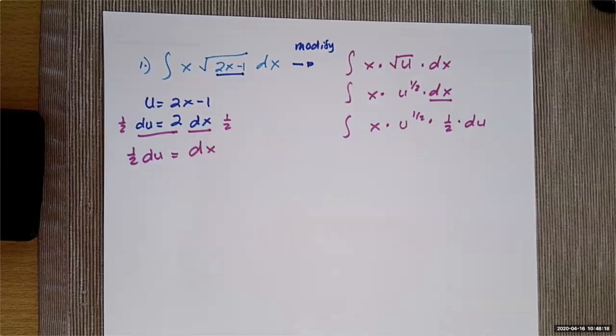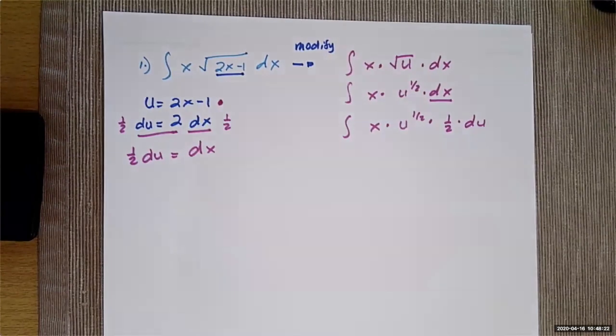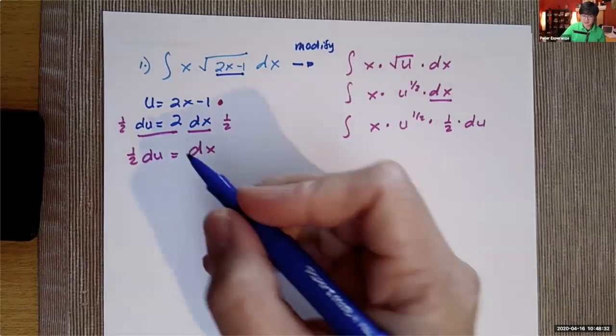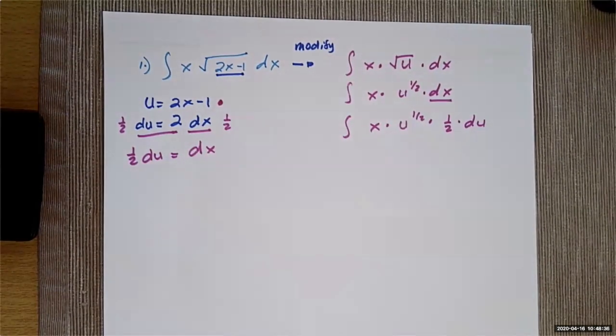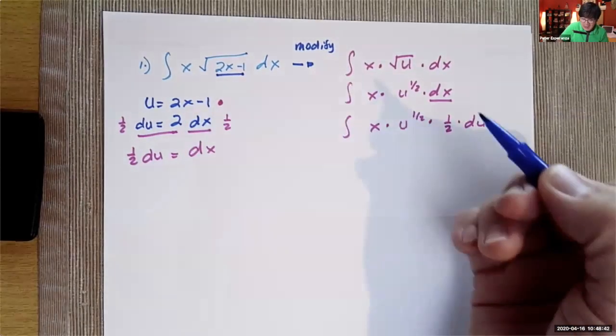Solve the u and make it equal to x? Yes. Let's modify the function u is equal to 2x minus 1 and change it into an x. So let's do that. Geez, I chose a problem that's too complex to begin with. I could have chosen an easier one.